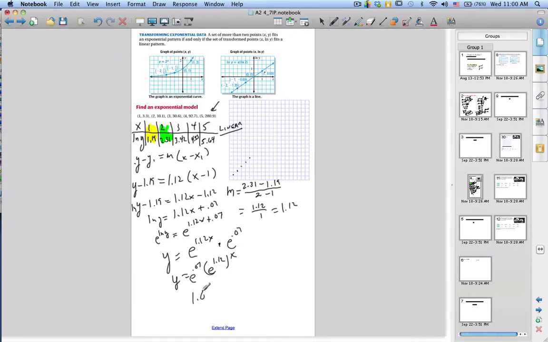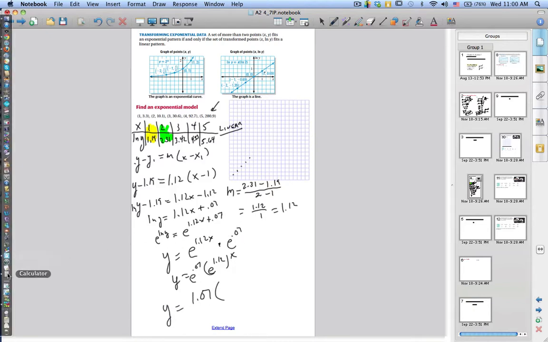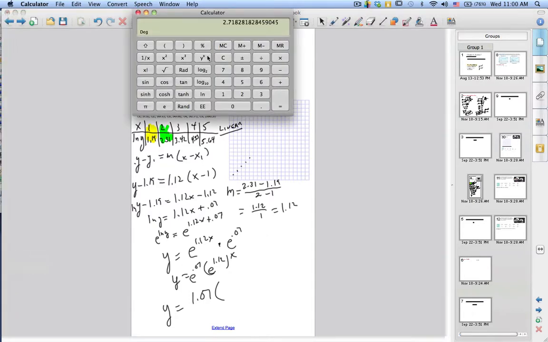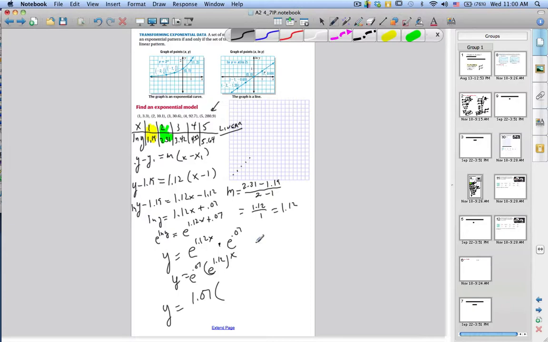So y is equal to 1.07 times, and now let's find what e to the 1.12 power is. E to the 1.12 power is about 3.06. So that goes in here, 3.06 to the x power.